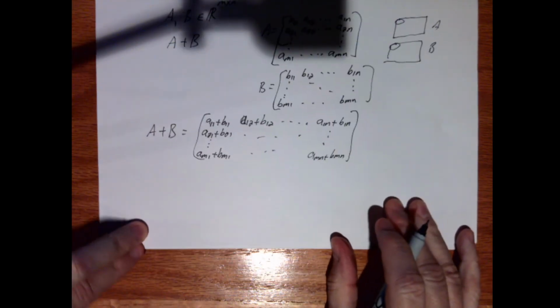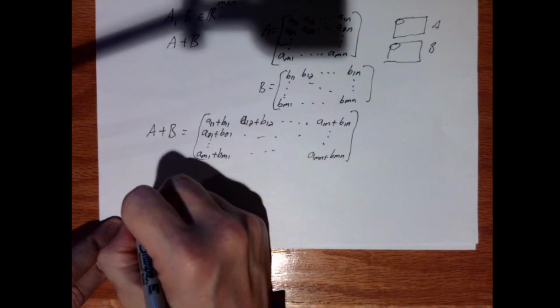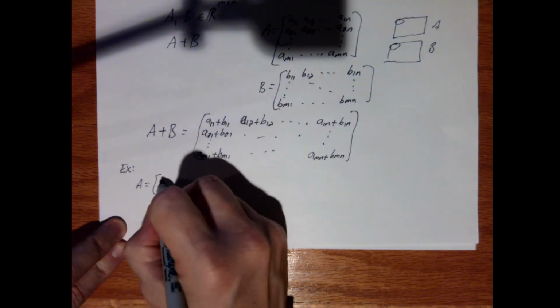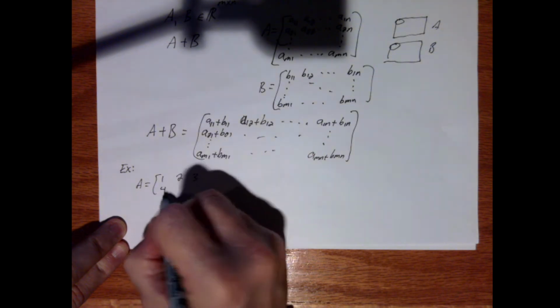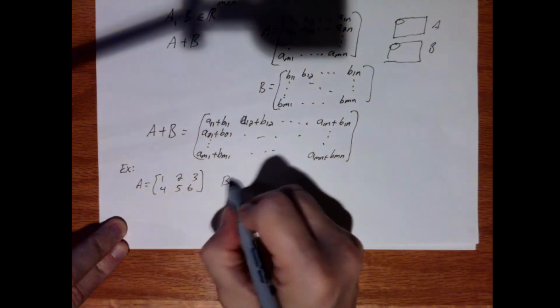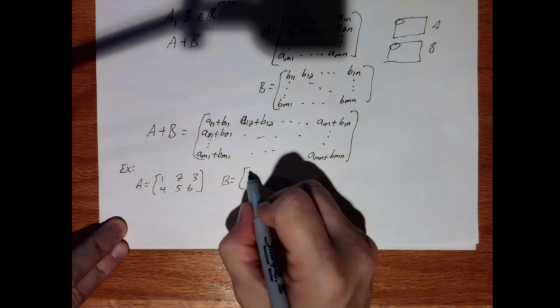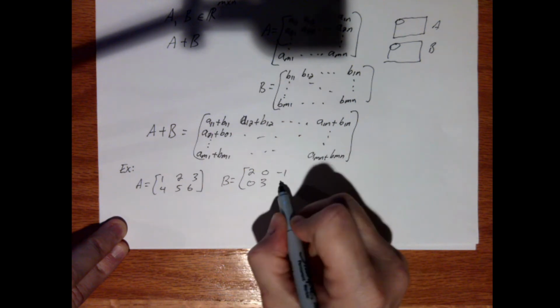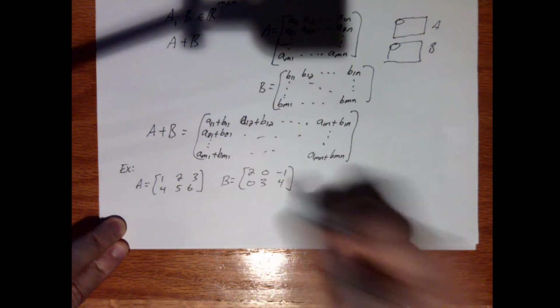All right? So let's say we have this example. A is equal to 1, 2, 3, 4, 5, 6. Let's say that B is equal to 2, 0, minus 1, 0, 3, 4.